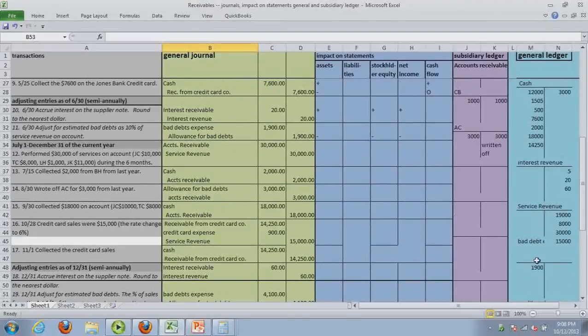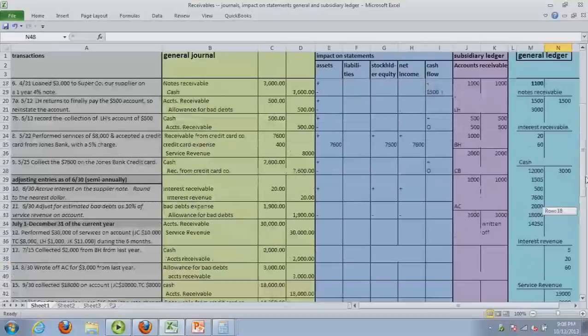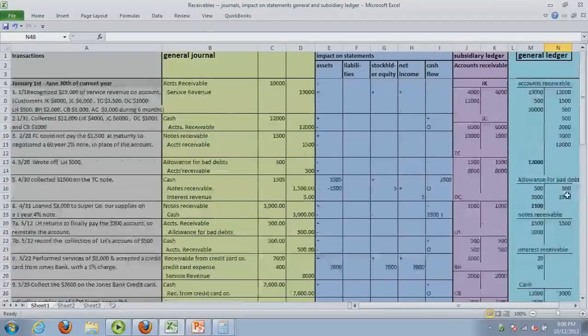There. That's right. I kind of smushed it there a little bit. That's okay. So there's the bad debt expense, and yeah, the other balance was in there, but I got overlapped a little bit. But anyway, the focus I want to show you is really on this side anyway. So 4,100 is credited to the allowance account.